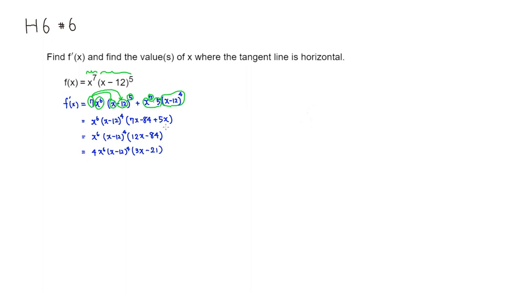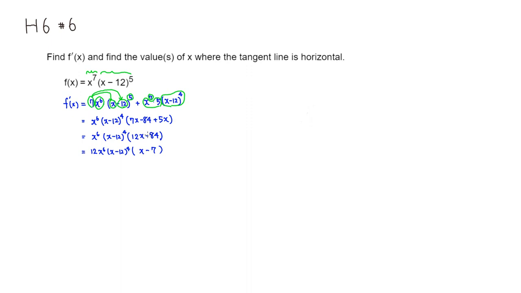Actually, it looks like I can pull a whole 12 out. Sorry about that. I'm going to erase that 4. We can pull out 12, and 84 is 12 times 7, so it's going to be just 7 here. So we have that.